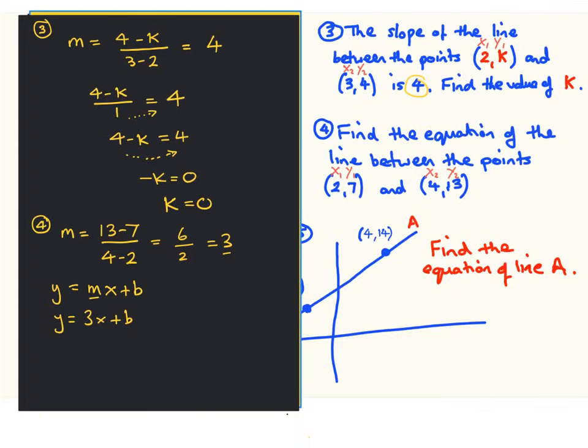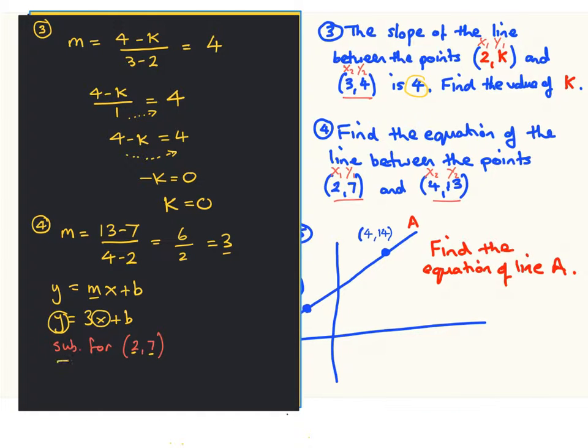How do we find b? Sub in one of the points we've been given. Take your choice, 2, 7 or 4, 13. Let's substitute for 2, 7. So the 7 is the y value and the 2 is the x value.